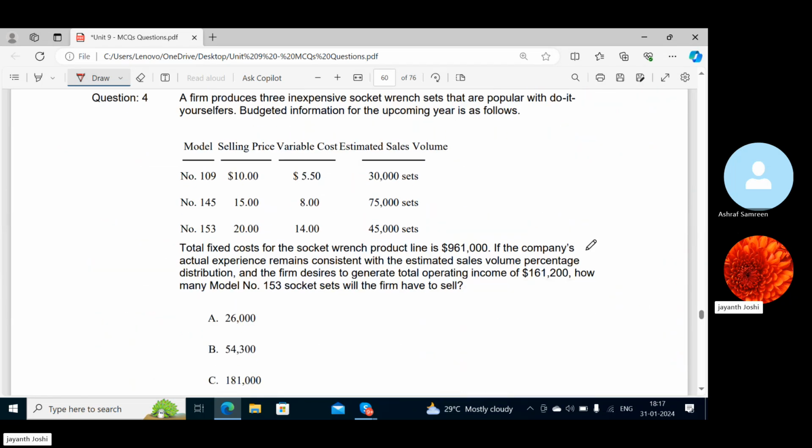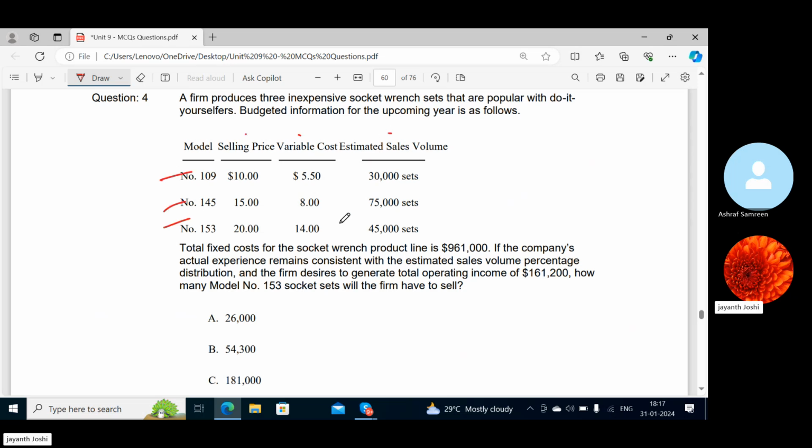Next. A firm produces 3 inexpensive socket wrench sets that are popular with do-it-yourselfers. Budgeted information is as follows: model numbers, selling price, variable cost, estimated sales volume.